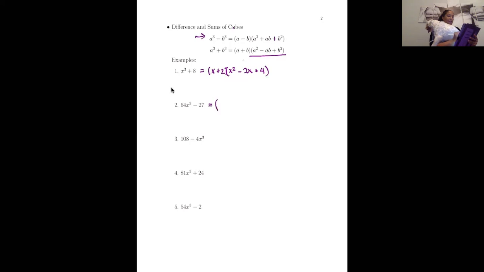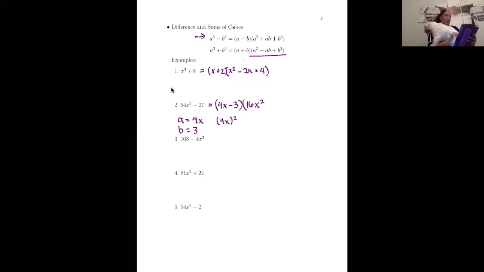So I have a 4x minus 3. In our case, our A is this 4x if we're looking at this formula right here, and our B is 3. So now if I have an a squared, that means I have 4x squared, which is going to give me a 16x squared.